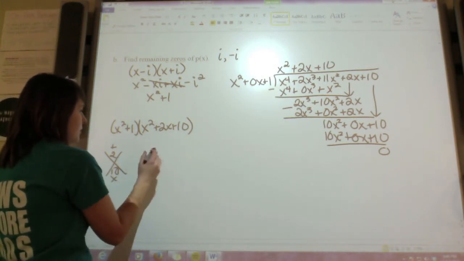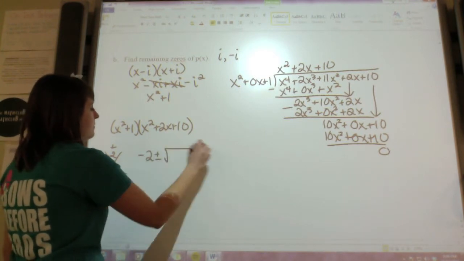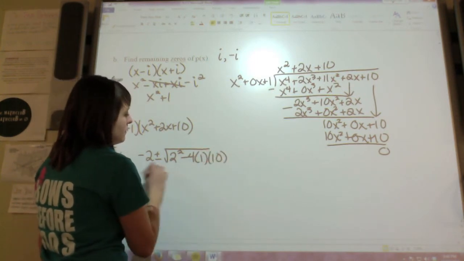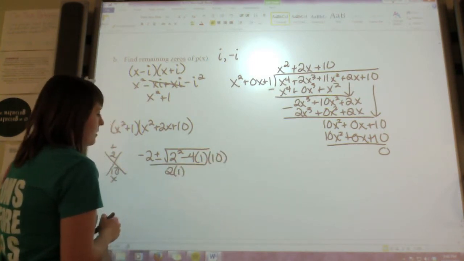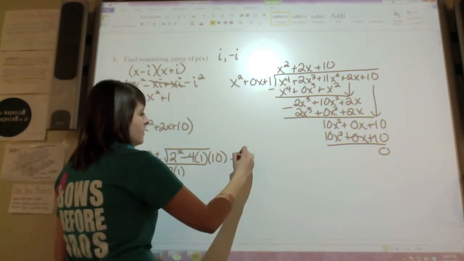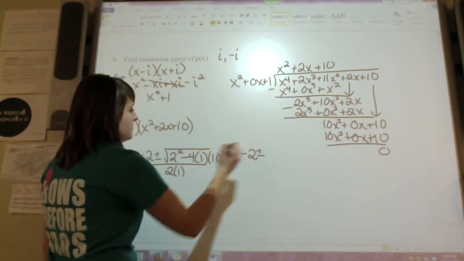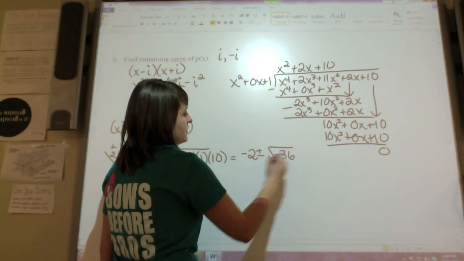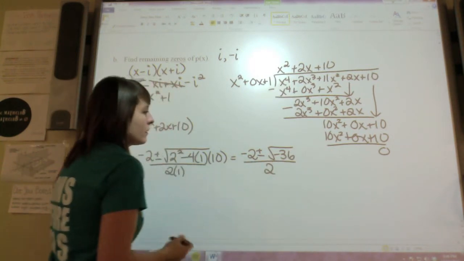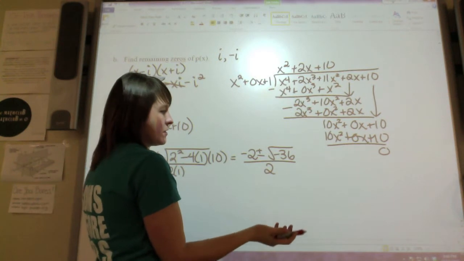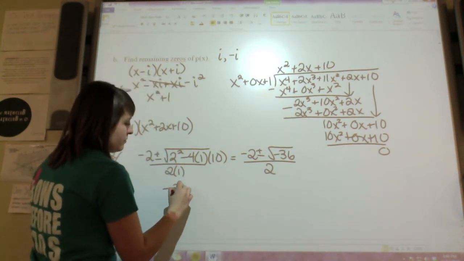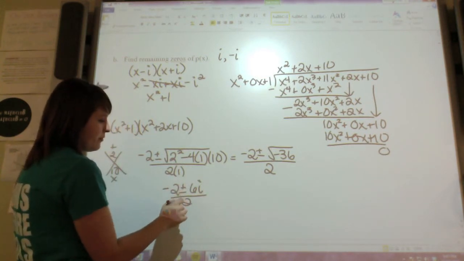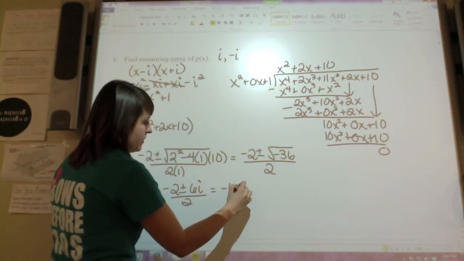So I'm going to do negative b plus or minus the square root of b squared minus 4ac over 2a. When I simplify that down, I've got negative 2 plus or minus, this is 4 minus 40, so that gives me the square root of negative 36 over 2. Well, the square root of negative 36, I know that's just 6i. So this is negative 2 plus or minus 6i over 2. And then I can simplify both of those to get negative 1 plus or minus 3i.